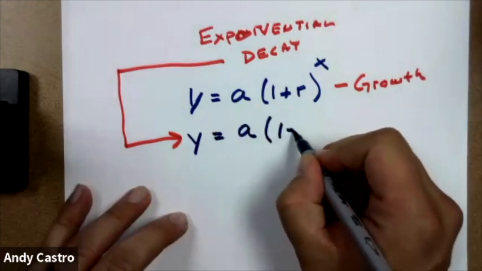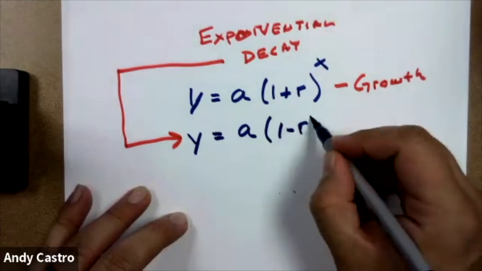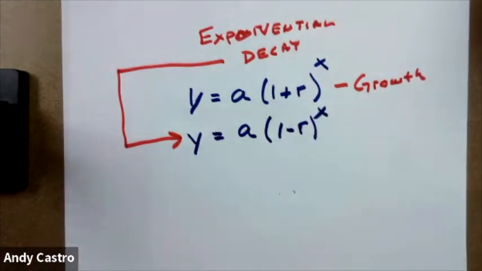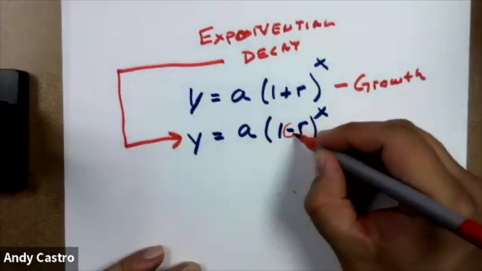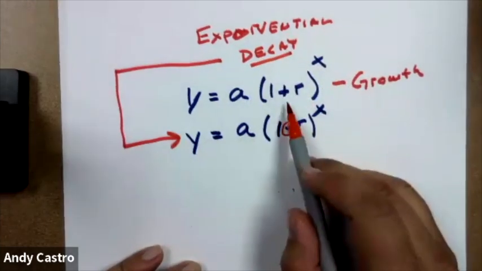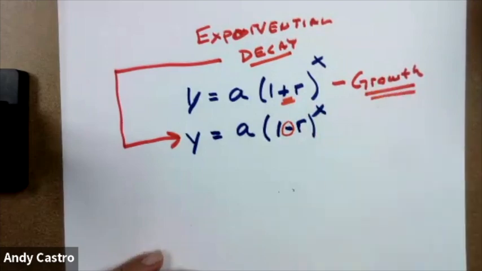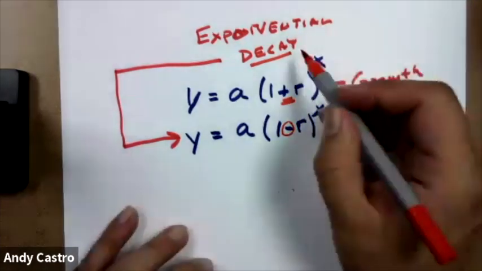So the decay is just a little different. There's a minus sign here as opposed to a plus sign. So this is what makes it decay, and this plus is what makes it growth.